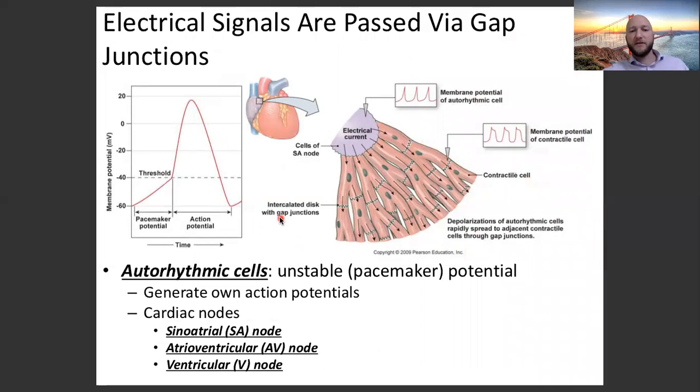Autorhythmic cells. All the cells in our heart can actually depolarize just by themselves without outside signals.